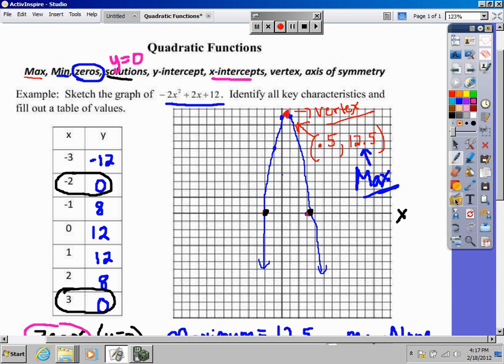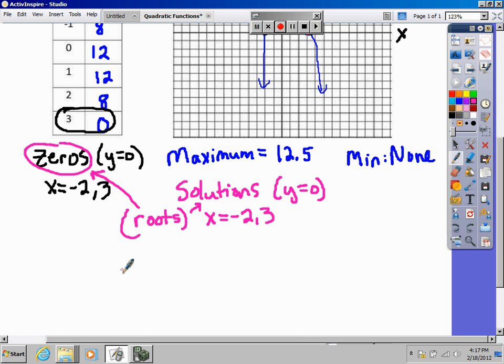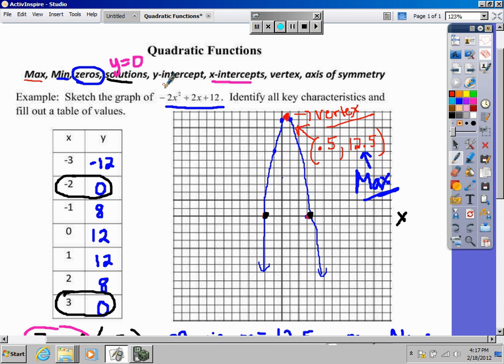Roots, solutions, zeros, those are all the same thing. Now there's one more term that would be equal to this, and it's either going to be our x or our y-intercepts. Well, it's on the x-axis, so it's the same as the x-intercept. So the x-intercepts would be -2 and 3 as well.